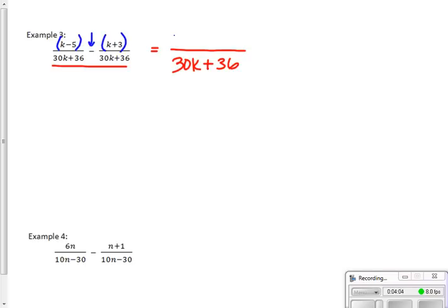So if you wrote it like that, k minus 5, that's our first binomial, and we subtract by k plus 3, that's our second binomial. Really what's happening in this problem is you are distributing a negative 1. So we would actually have k minus 5, and then after we distribute that negative sign, we get negative k and a negative 3.